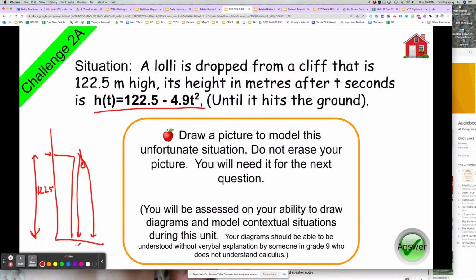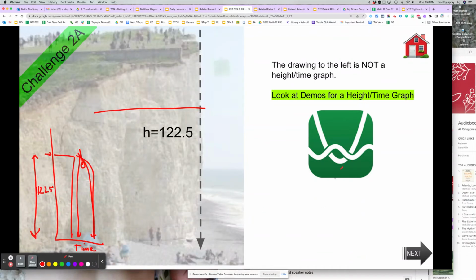It depends what this horizontal axis is. If it's a horizontal distance, well, it would be just straight down. But if it's time, and that's what this equation is, it wouldn't be going straight down. It would be going more out, like so. So what I want to do is just show you that's what it could look like. And that poor lolly smashed into the ground there.